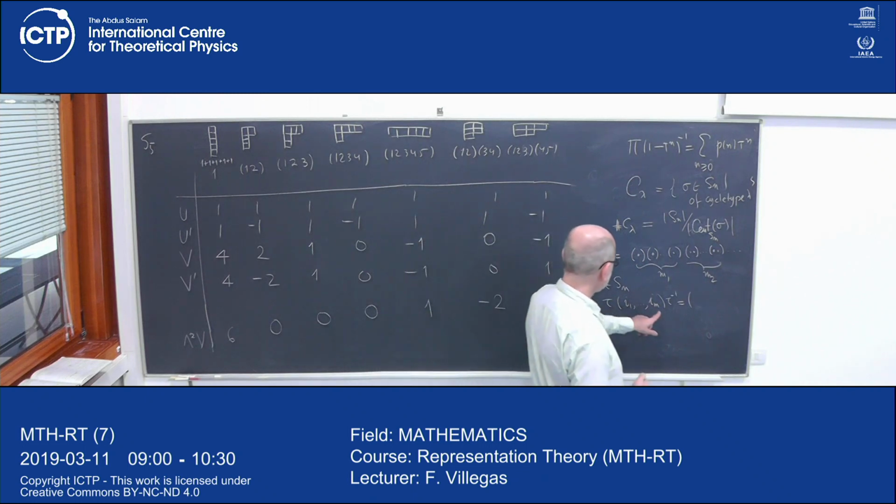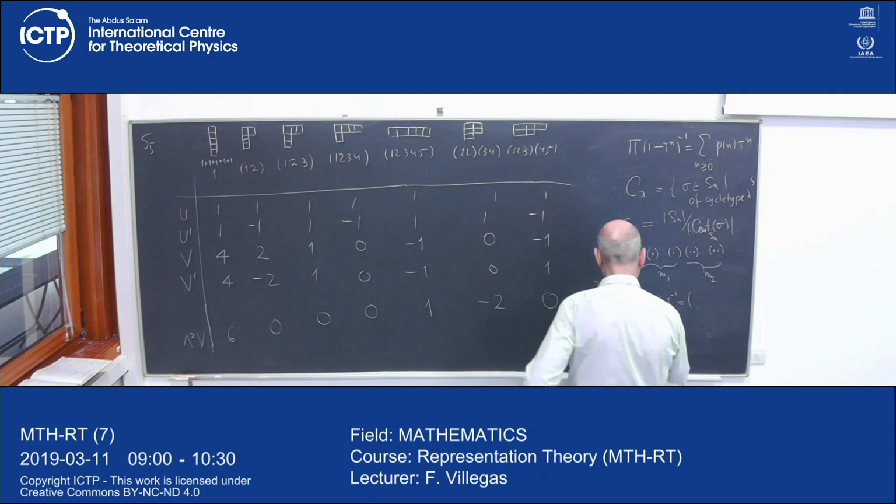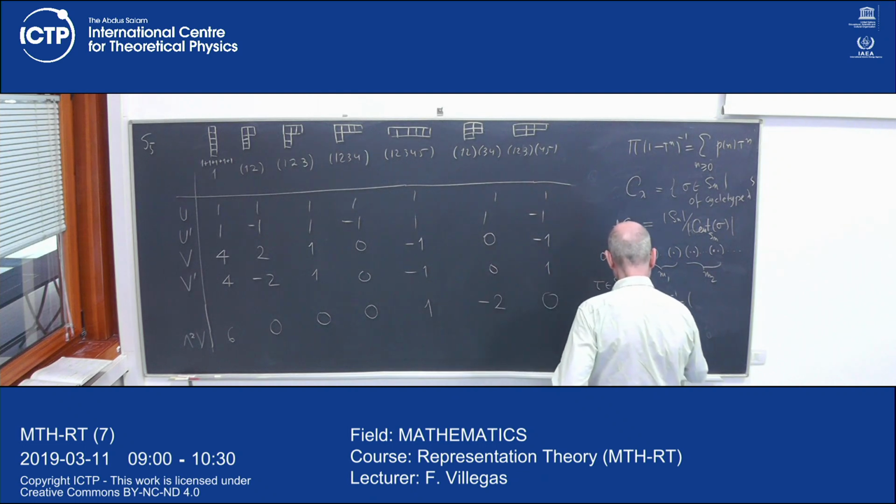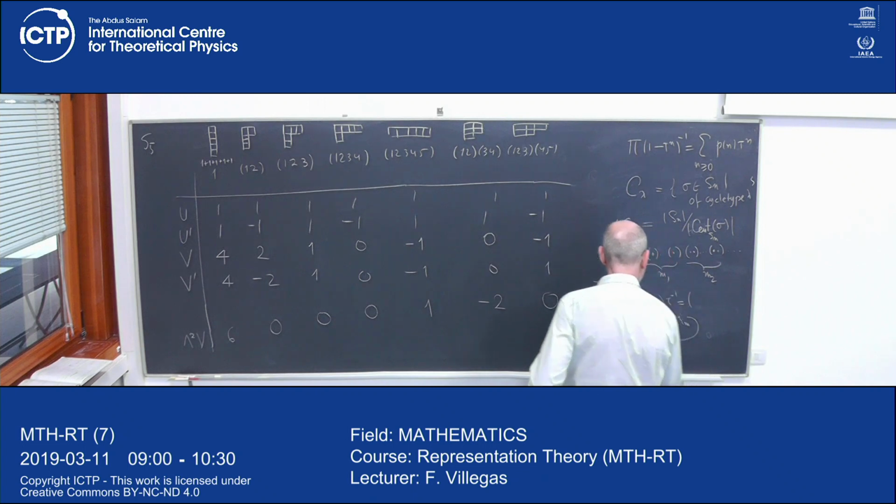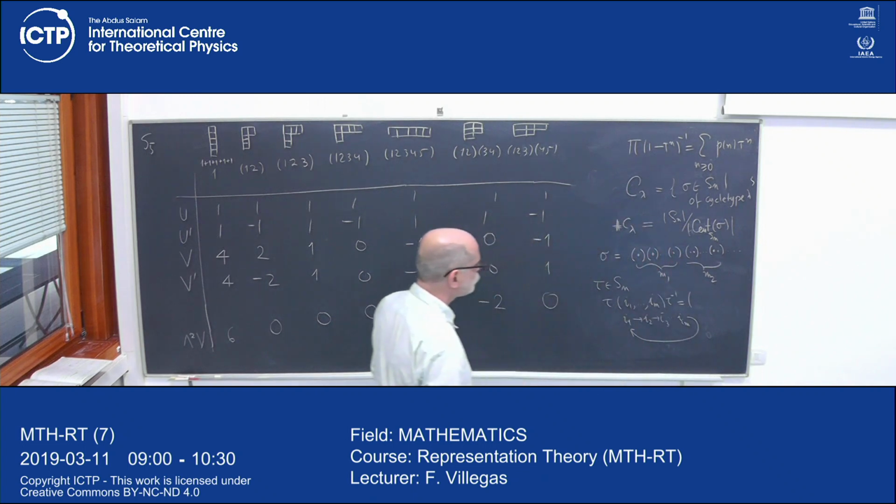In this notation, i1 goes to i2, which goes to i3, and so on until the last one, im, goes back to i1.